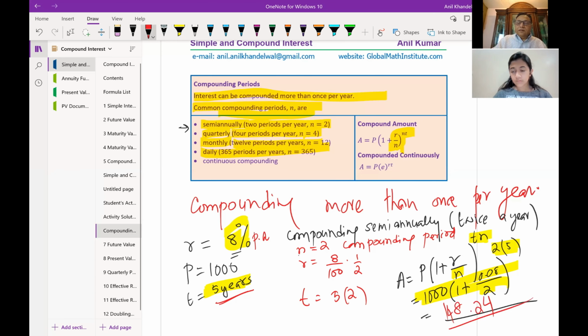Last time we got 1476, if you remember we had a similar example. Now we have an extra $4. So it is higher by $4. You can compare, right?